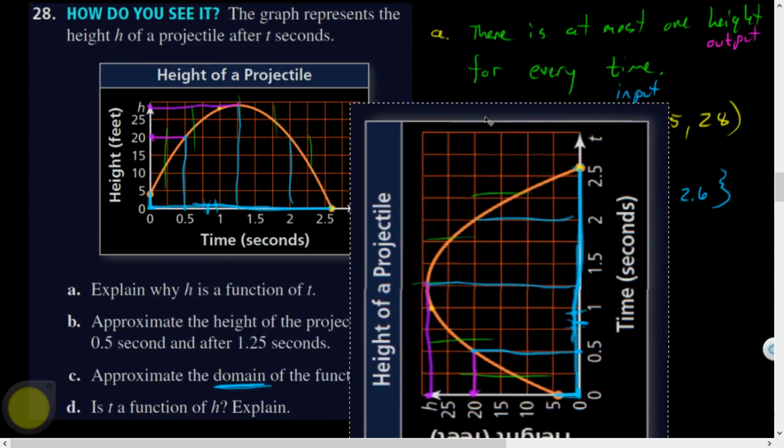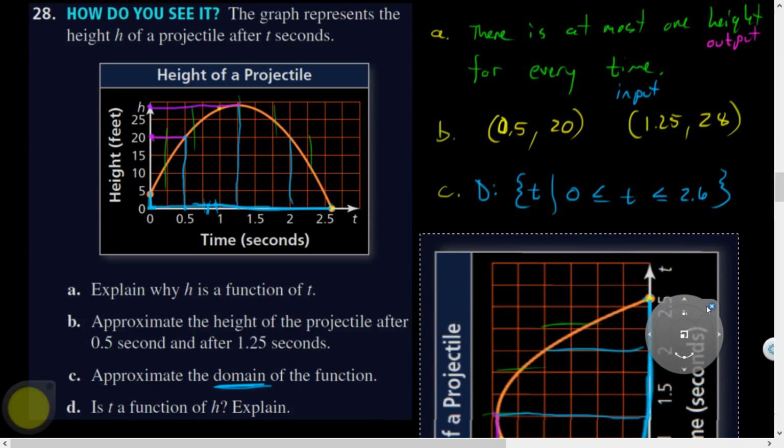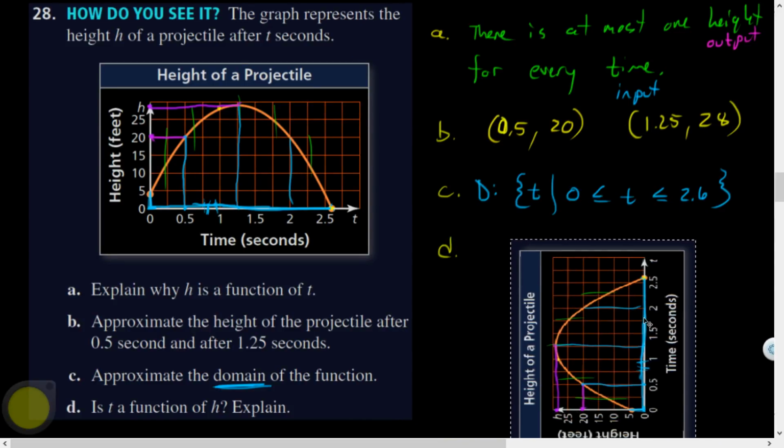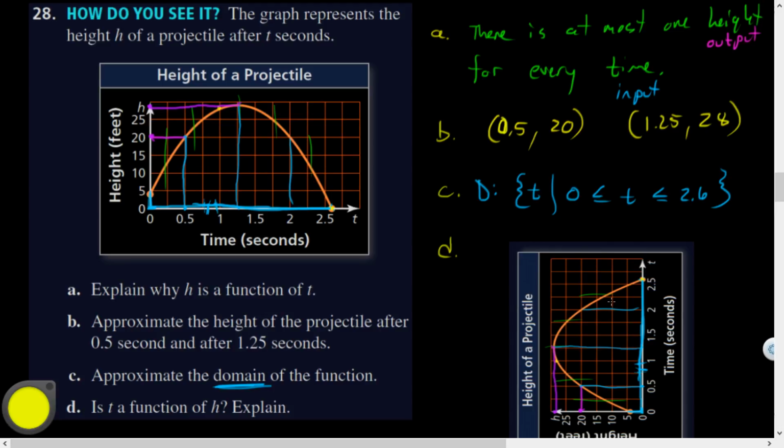Well, anyways, if this was mirrored, okay, would this pass the vertical line test? Well, check this out. It hits multiple points, right? There are multiple times when it happened to be 5 feet high.